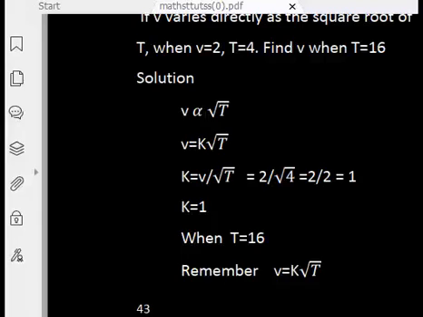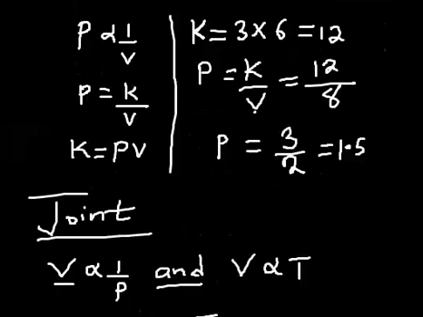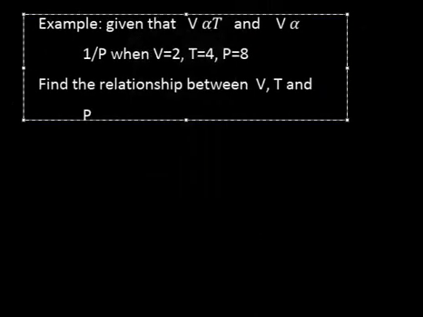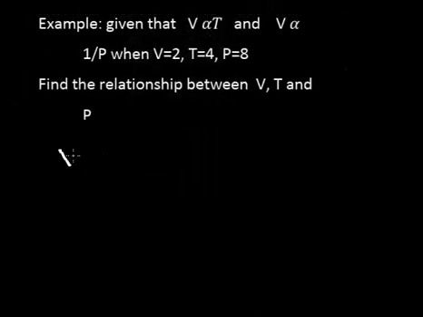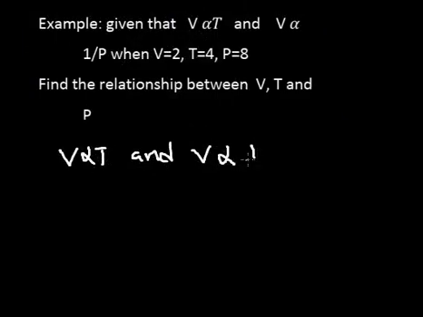The question goes like this: given that v varies directly with t, and at the same time v also varies inversely as p, or directly as 1 over p, still the same thing. So the question is, when v is equal to 2, t is equal to 4, p is equal to 8.